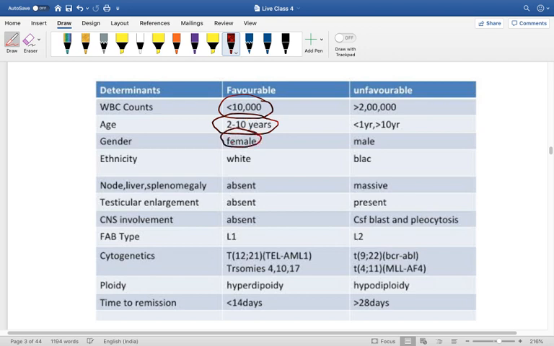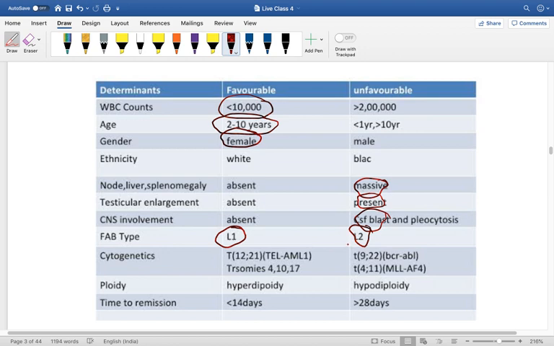Female gender, good prognosis. Lymph node, liver, splenomegaly, if it is massive, poor prognosis. Testicular enlargement, poor prognosis. CNS involvement, poor prognosis. L1 type, good. L2 type, bad.